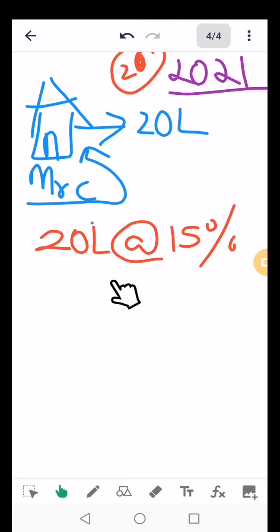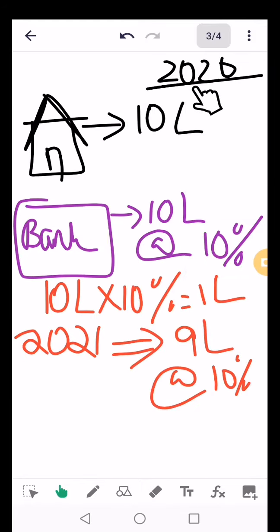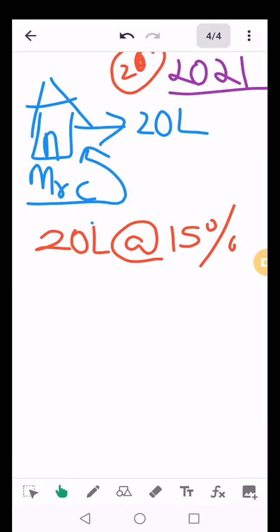I will pay my 9 lakh using the amount that I will be receiving from Mr. C. At the same time, the interest rate charged will be somewhere between the rate that prevailed in the year 2020, that's 10%, and the rate prevailing in the year 2021. So it is 15%, somewhere in between.